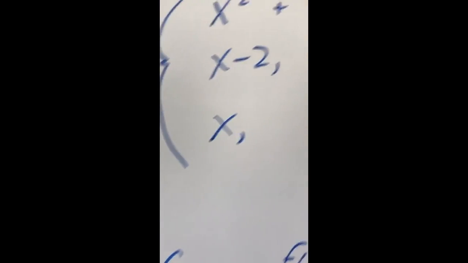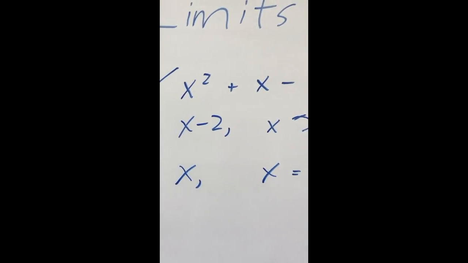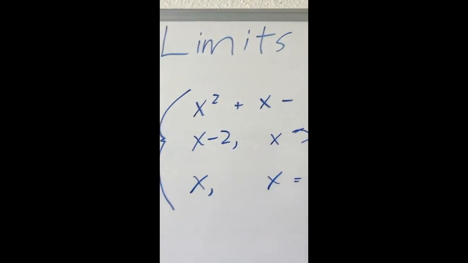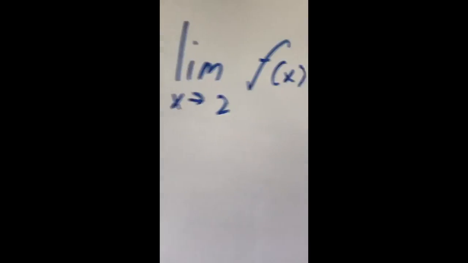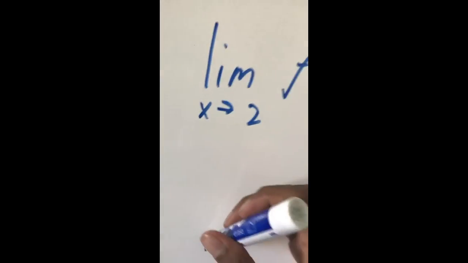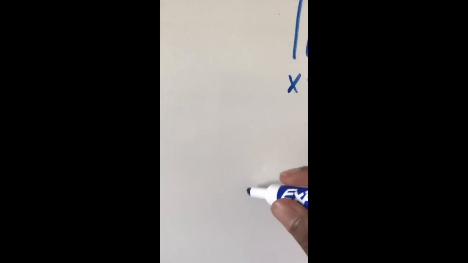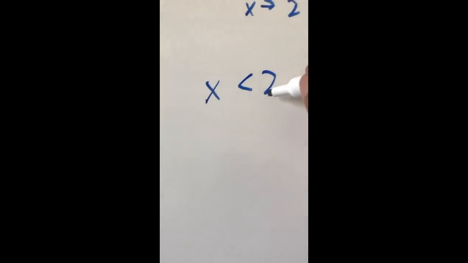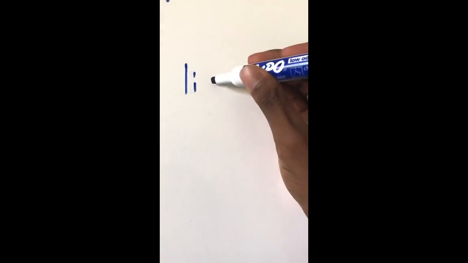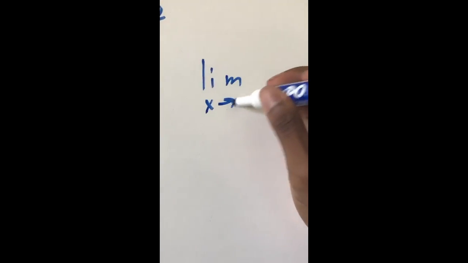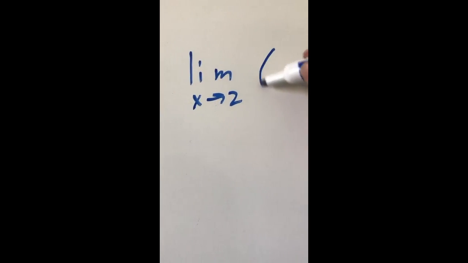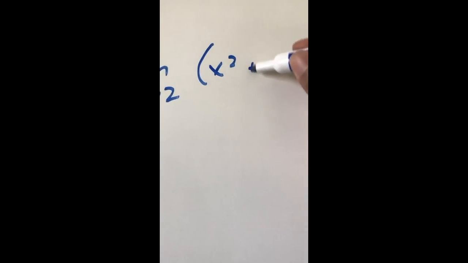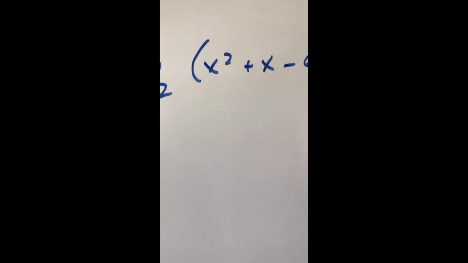Because if we were to look at when x is greater than 2 and when x is less than 2, let's plug 2 into those and see what happens. So when x is less than 2, then what we have is the limit as x approaches 2 of x squared plus x minus 6.